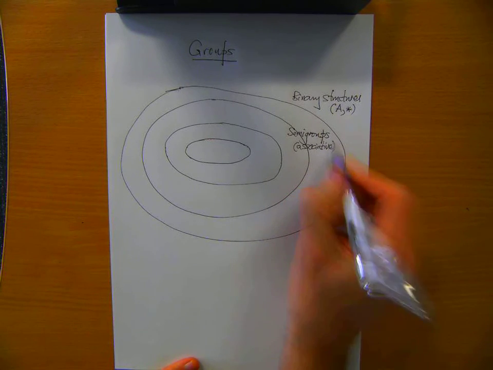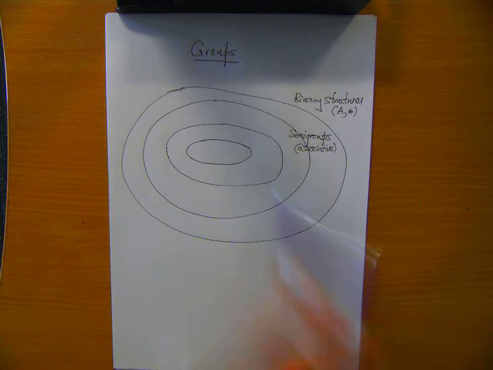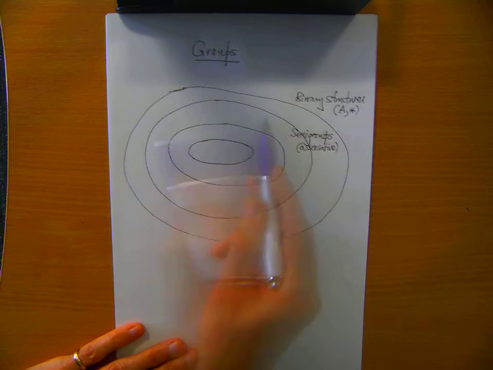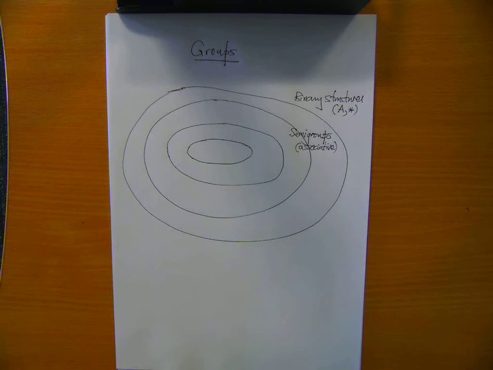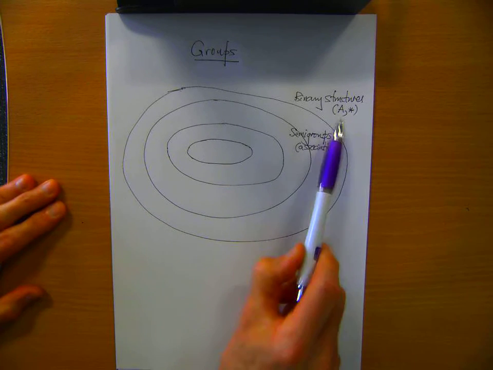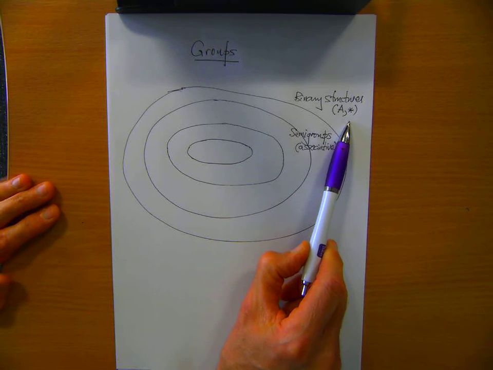So this is the second subset here. So these are all the semigroups. As I say, this is not a word that you need to know, but it is the official word. So a semigroup is a set equipped with an associative binary operation. So that's a bit nicer than just an arbitrary binary operation.